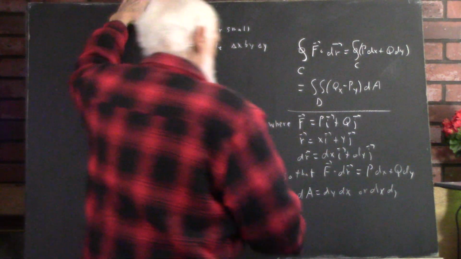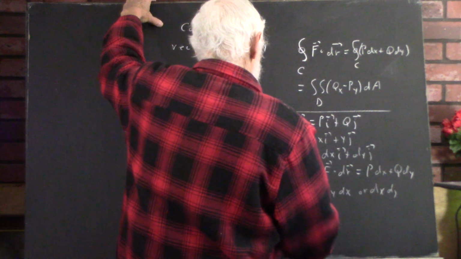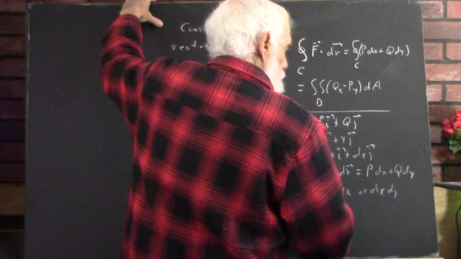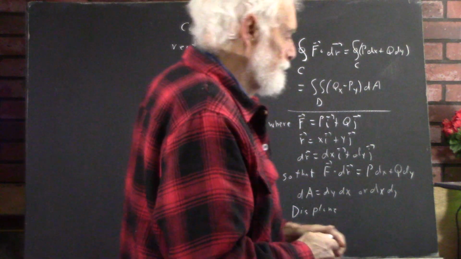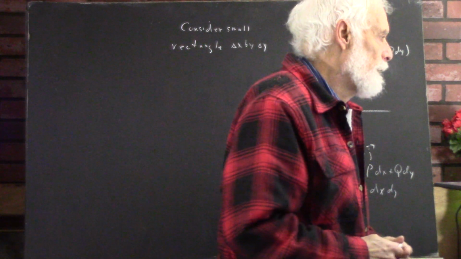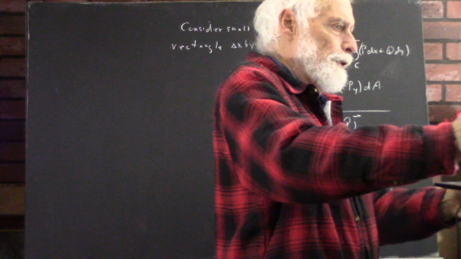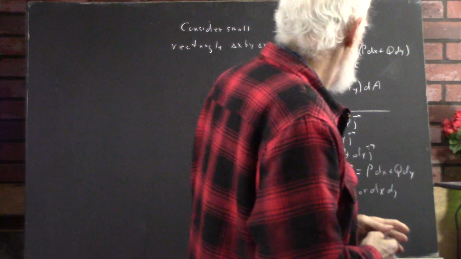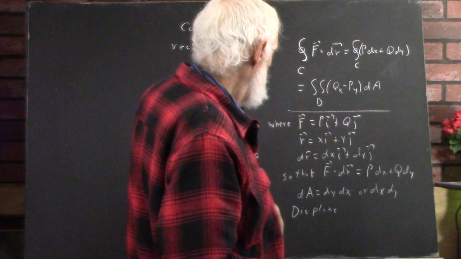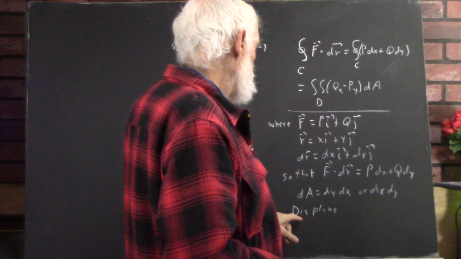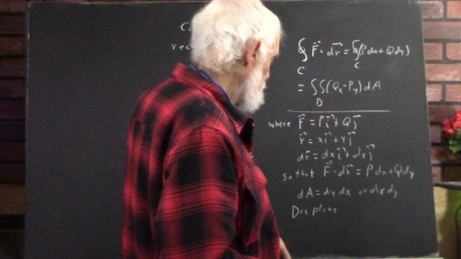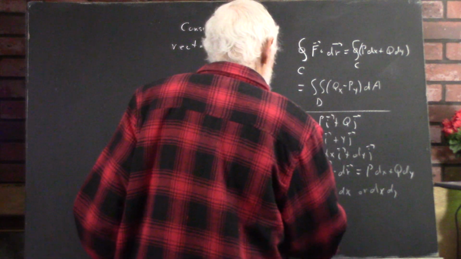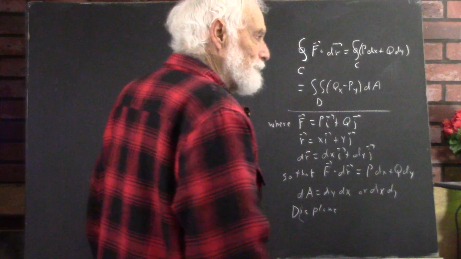Oh, one other thing. D is the plane region, and I just realized I don't have the camera. And that looks like this. This is the plane region, okay? D is the plane region.